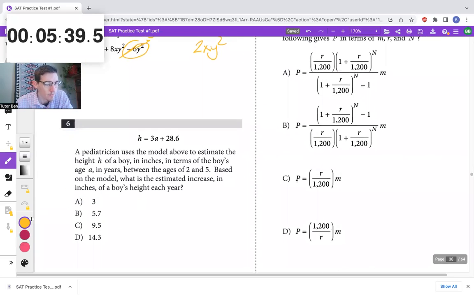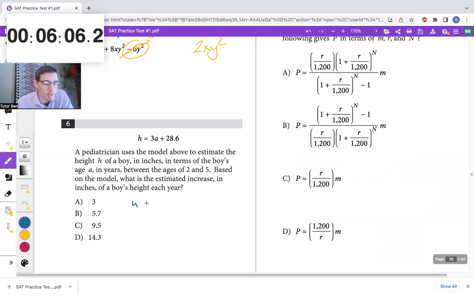Okay. Number 6, a pediatrician uses the model above to estimate the height h of a boy in inches in terms of the boy's age a in years between the ages of 2 and 5. Based on the model, what is the estimated increase in inches of a boy's height each year? So the SAT loves to test these kinds of questions. They're just testing if you know what slope is in context.